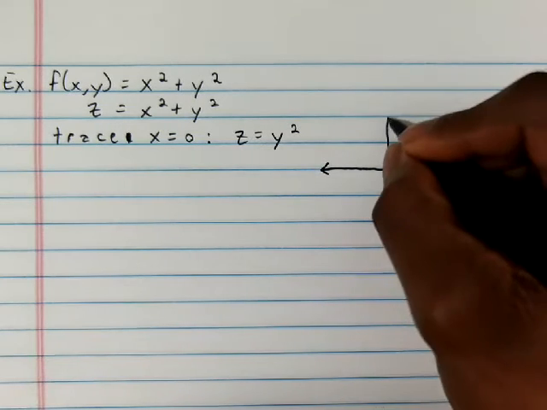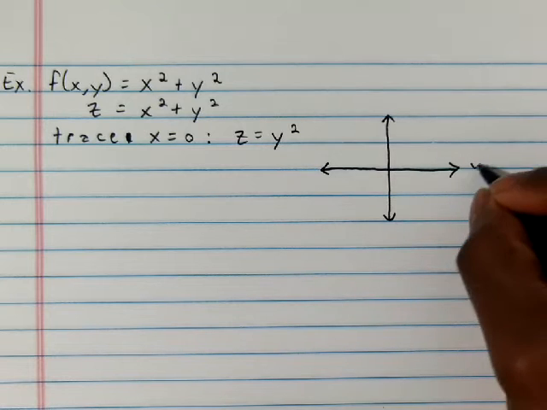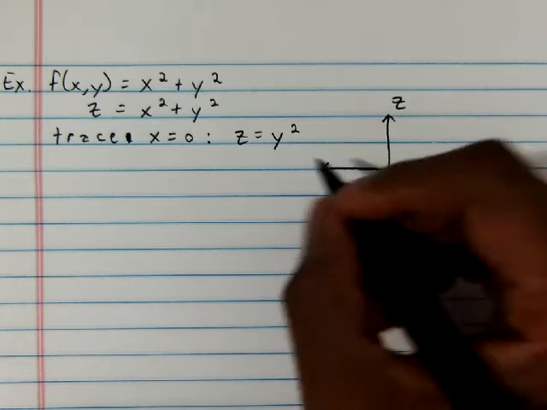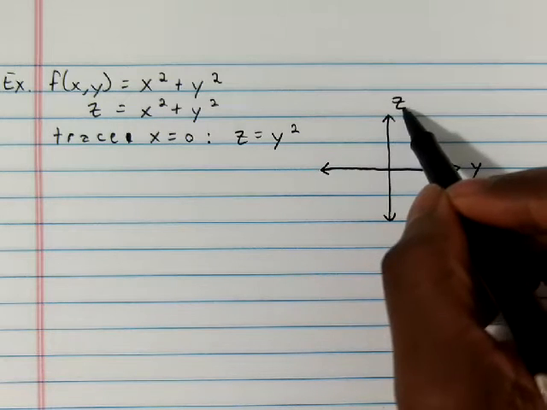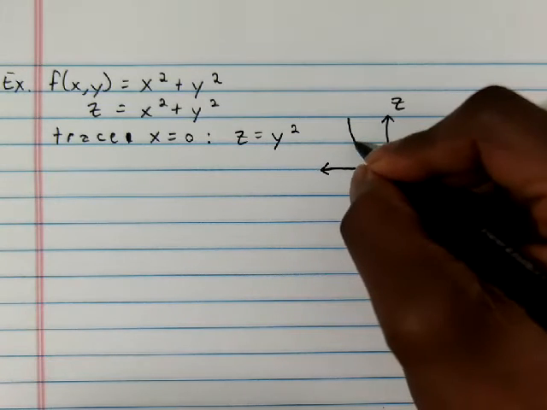And traces don't tend to be what we're looking for at the end. So the important picture tends to be the graph, but on occasion you might just be looking at a trace. So here, this is going to be a parabola that opens up in the yz plane. So it's going to look something like that.